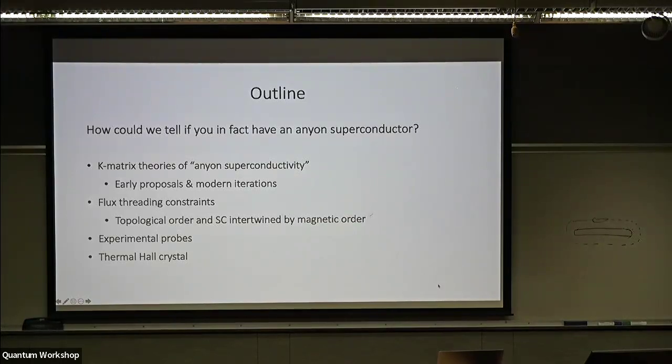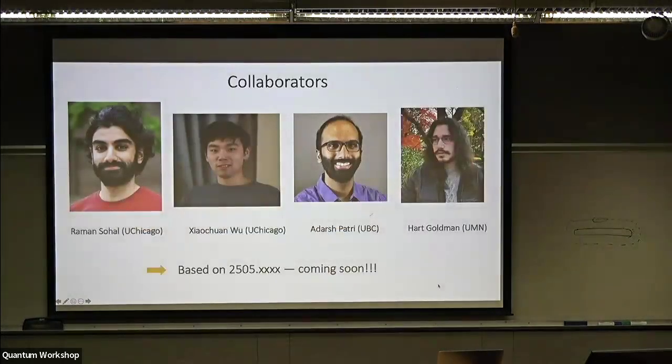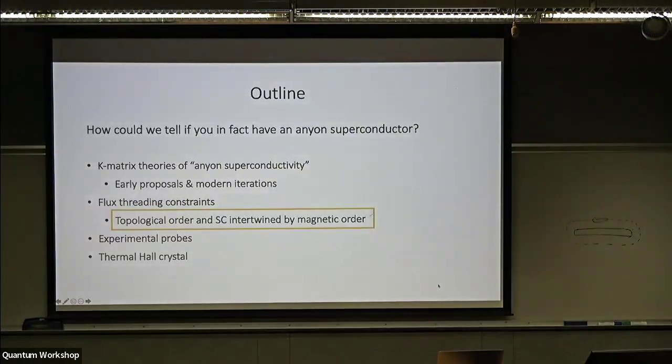In particular, I want to look at flux threading constraints, and essentially going to show that topological order and superconductivity are an emergent intertwinement. I'll talk about some experimental degrees of freedom, and then propose a sort of exotic insulating state that the type of physics I'm discussing could possibly imply.